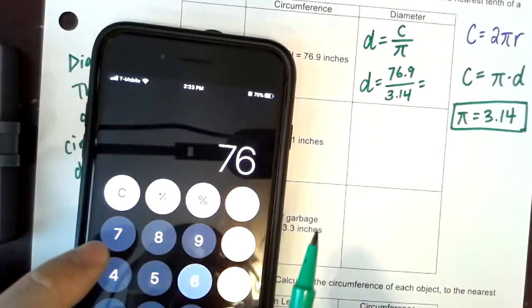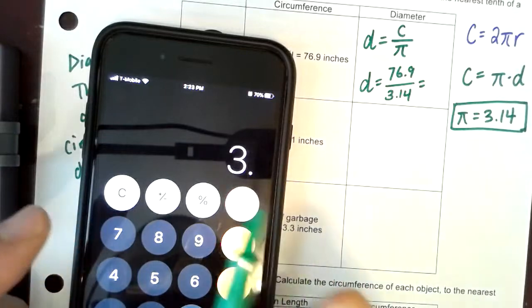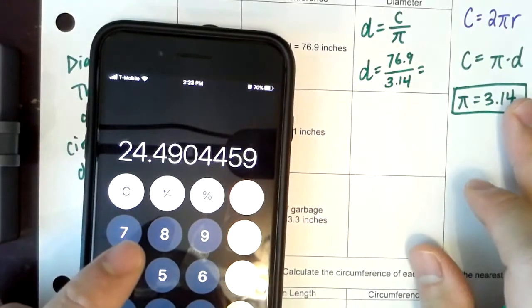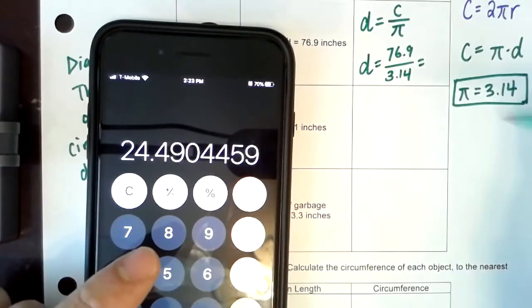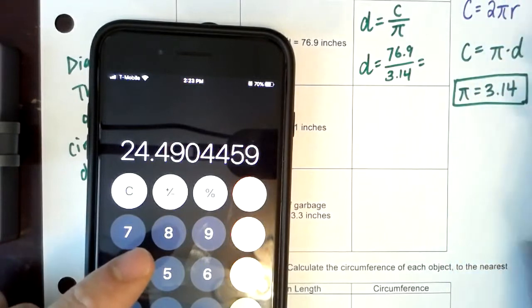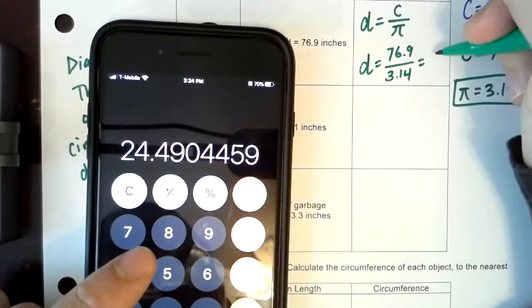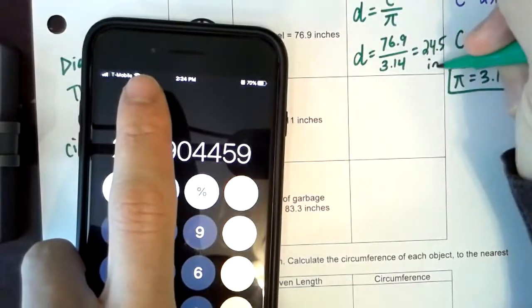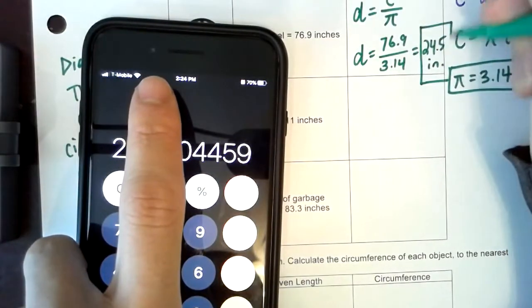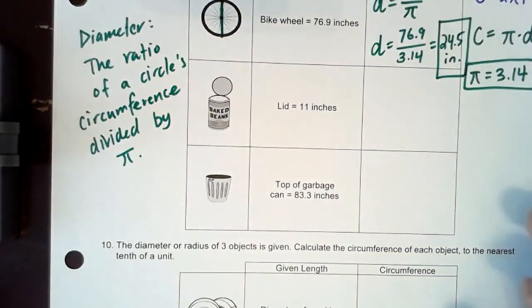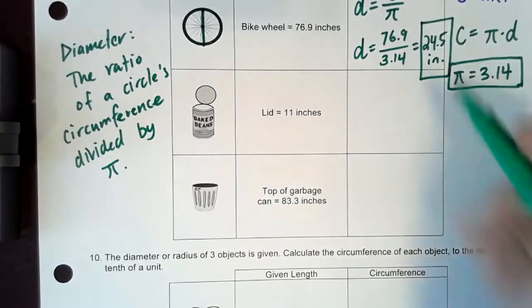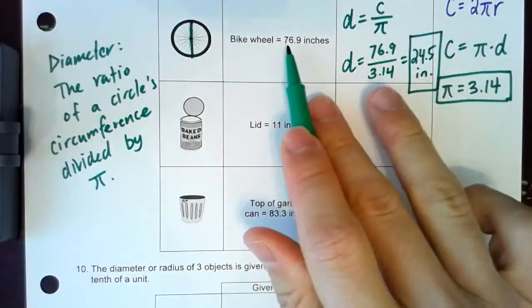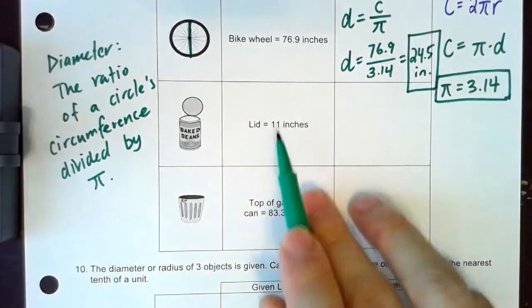So 76.9 divided by 3.14 is going to equal 24.49. It does say round to the nearest tenth, so let's just write that as 24.5, and that's right, inches. Don't forget to include the units. Okay, it's pretty simple, class. All you do is take the circumference and just divide by pi.